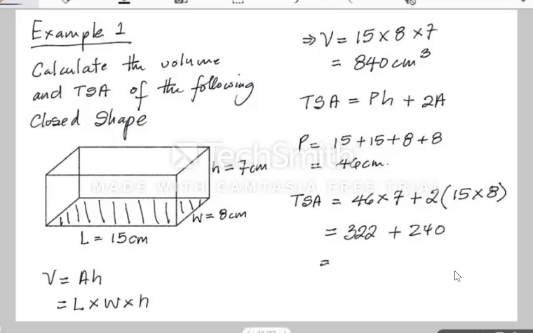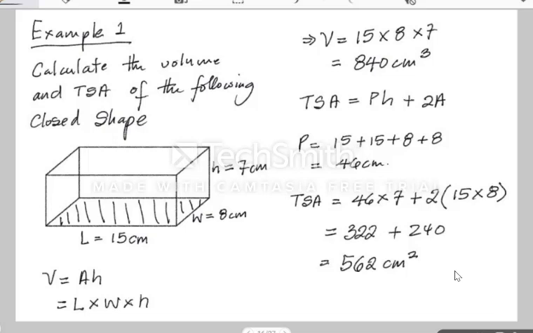Let's add these together. Plus 322. The total surface area is 562 centimeters squared.